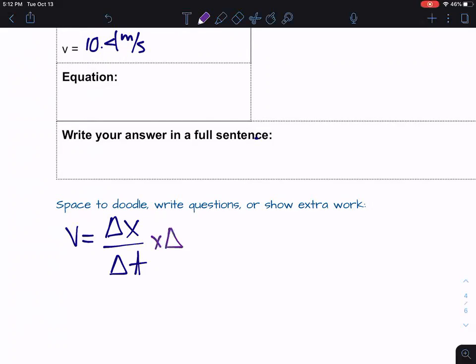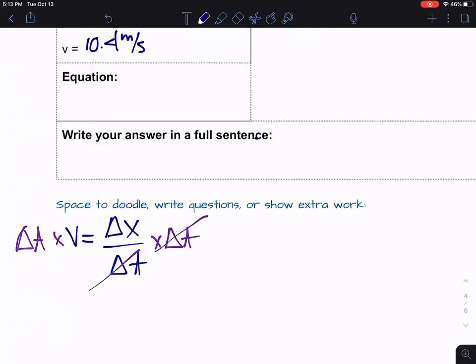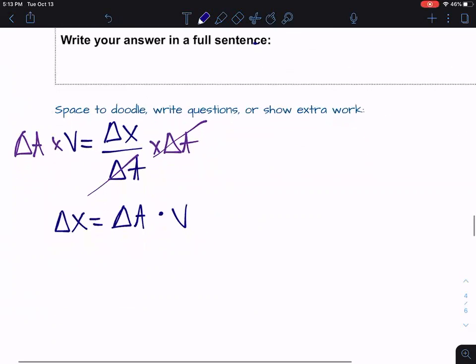I can multiply both sides by delta t, right? And then these cross out. And that leaves me with an equation that I'm going to flip around, right? Delta x equals delta t times v. So that would let me solve for delta x, but I really want delta t.